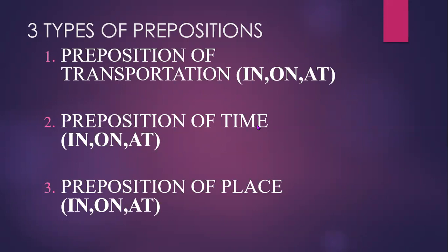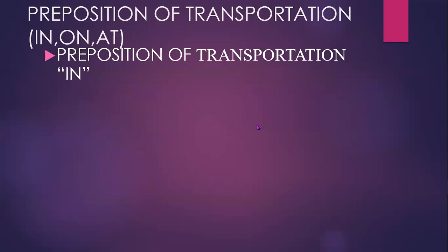Okay, so as you can see, we have the same prepositions for the types of preposition, transportation, time, or place. We have in, on, at. However, they do have a different usage in the sentence. So let us first talk about the use of preposition in, on, at in the sentence.